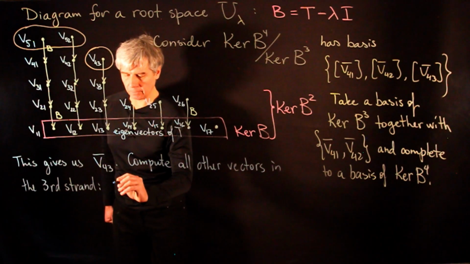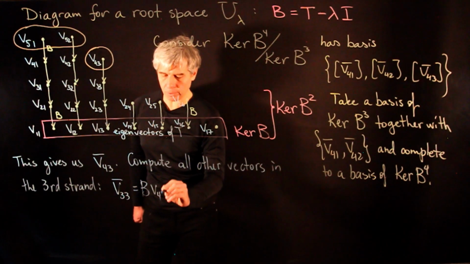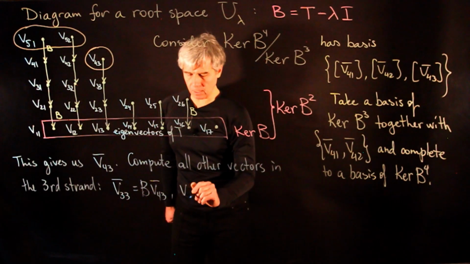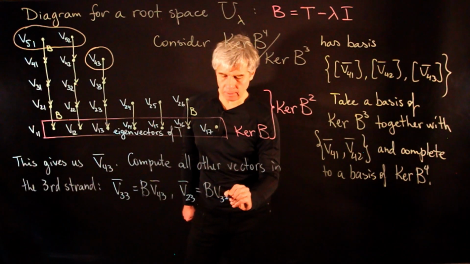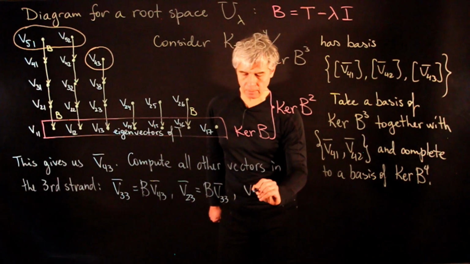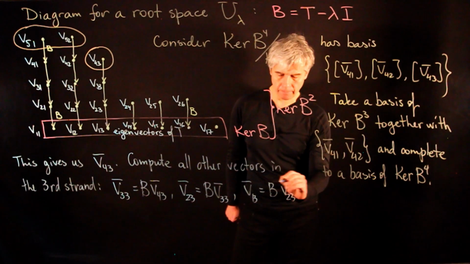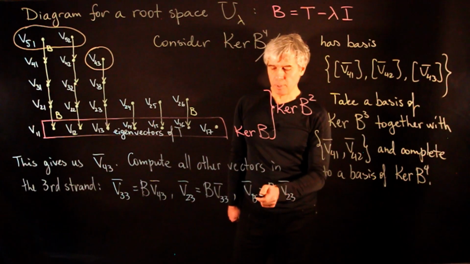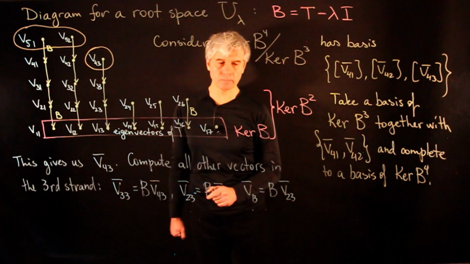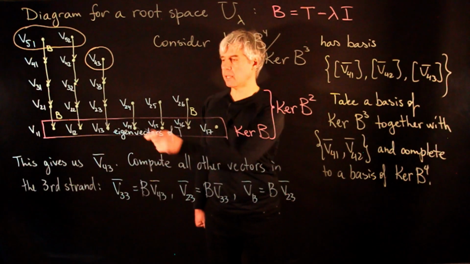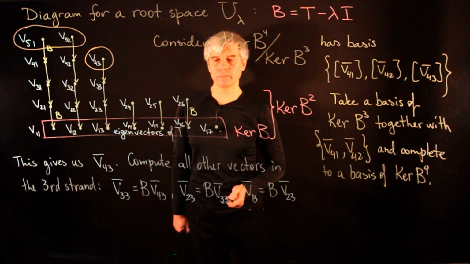So we will get v33 is equal to b applied to v43, then v23 is b applied to v33, and finally v13 is b applied to v23. And if we apply operator b to v13, then we are guaranteed to get 0. It is often useful to make this verification just to make sure that our computations are correct.